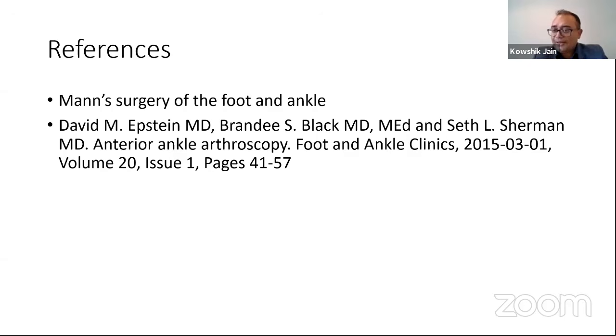It's the same risk as with any lower limb procedure, or probably even less, because it doesn't take long to do ankle arthroscopy. Most of the time, 45 to 60 minutes, you can do most of the procedures, except your arthroscopic ankle fusion, which needs a little bit longer.